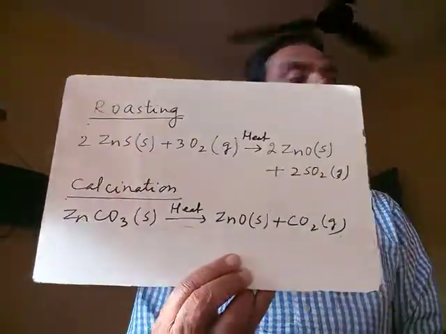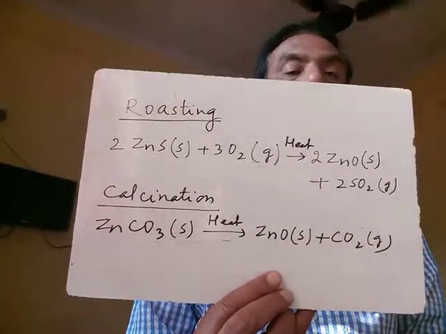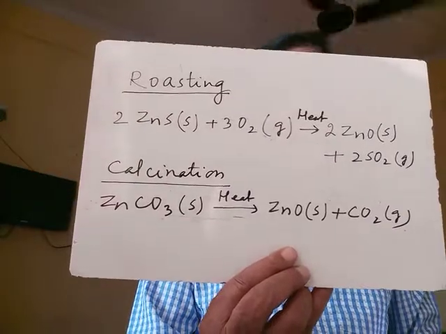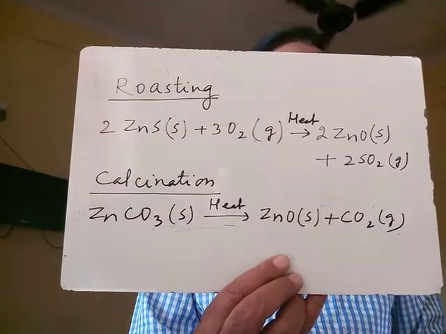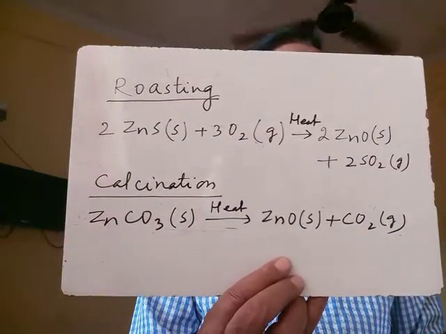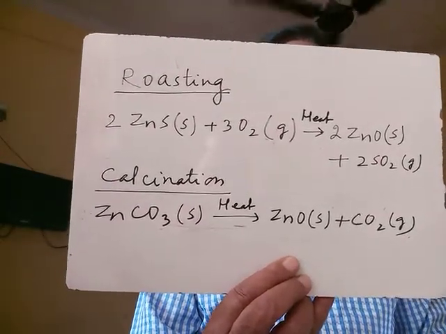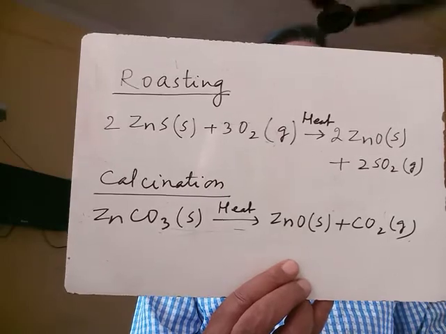Now I am showing you the chemical reactions that take place during roasting and calcination of zinc ores on the board. Zinc sulfide is heated with oxygen to get zinc oxide and sulfur dioxide.